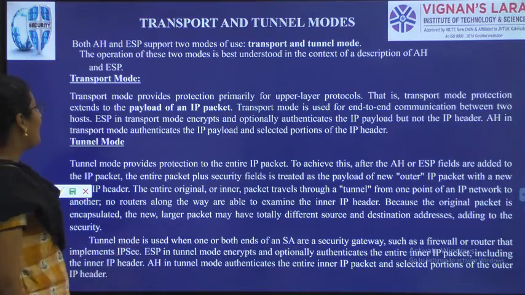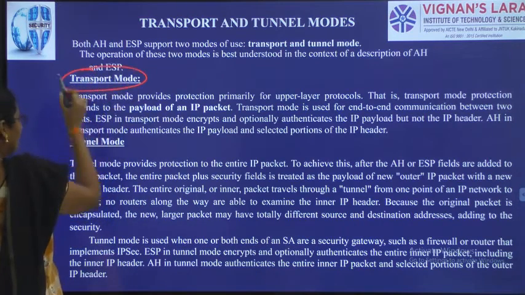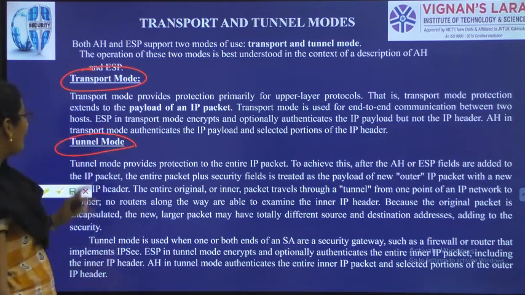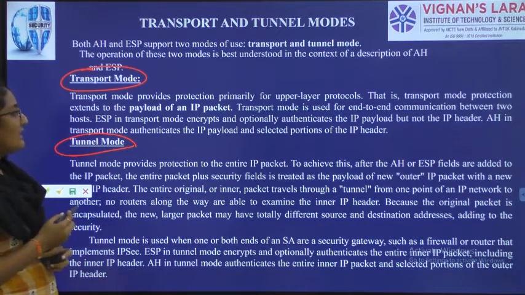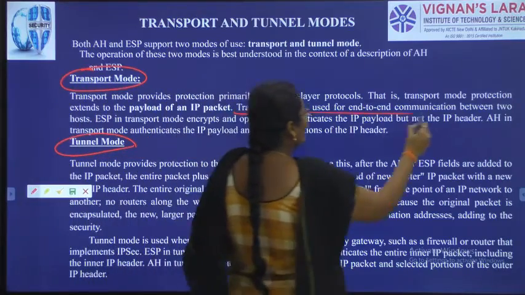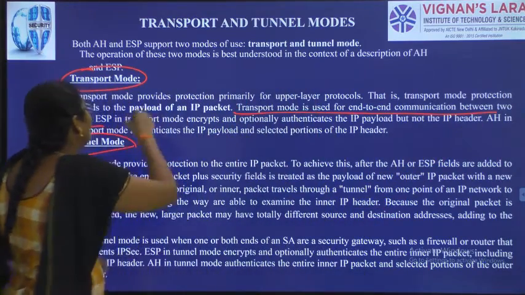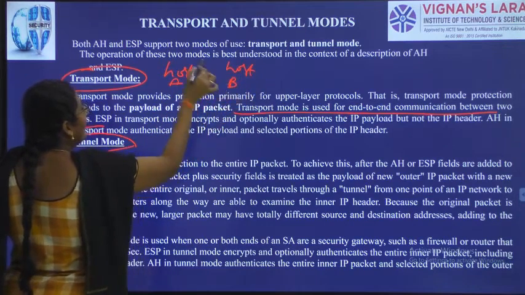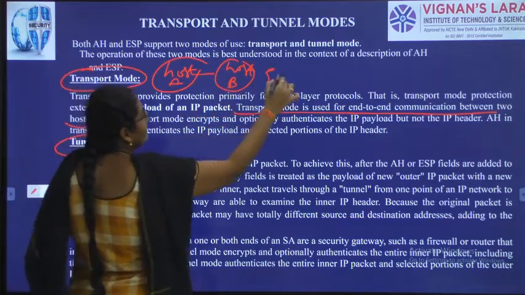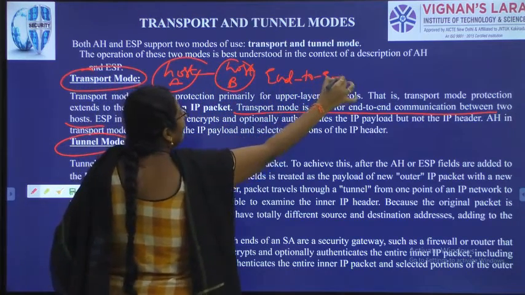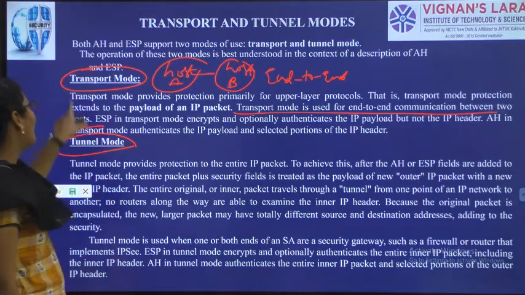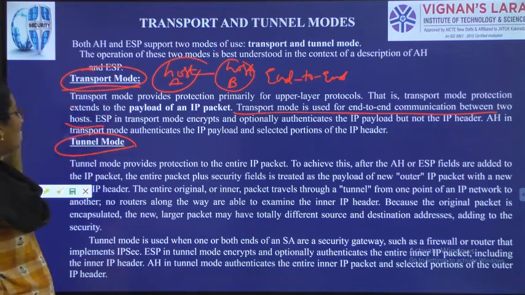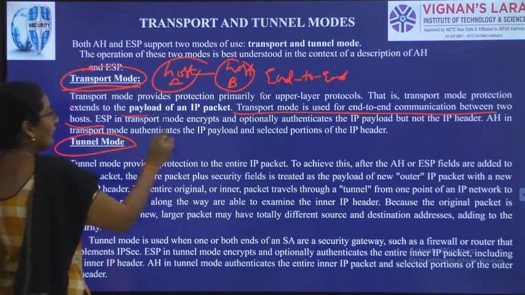You can see here, the first one is transport mode, the second one is tunnel mode. Transport mode is used for end-to-end communication between two hosts. I have host A, I have host B. End-to-end system communication can happen in transport mode. Transport mode will generally look after the payload of IP.